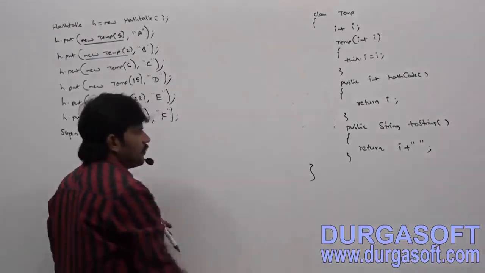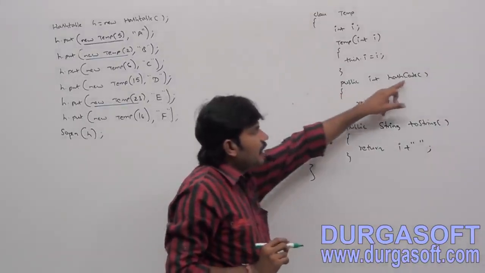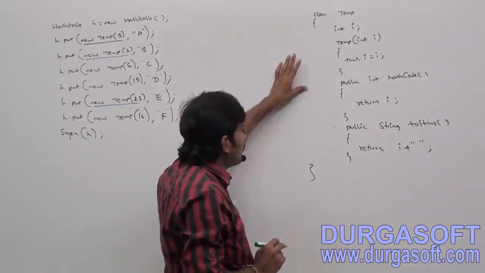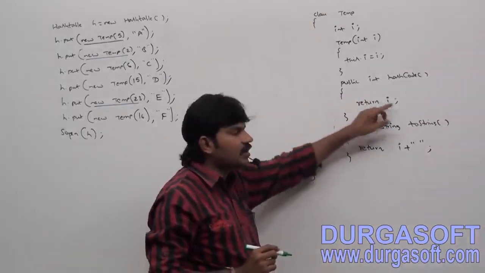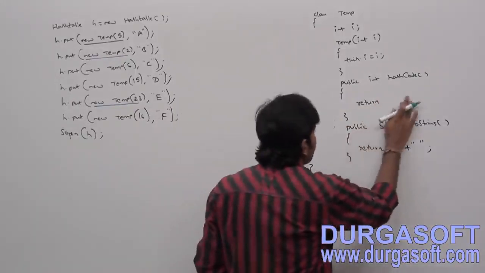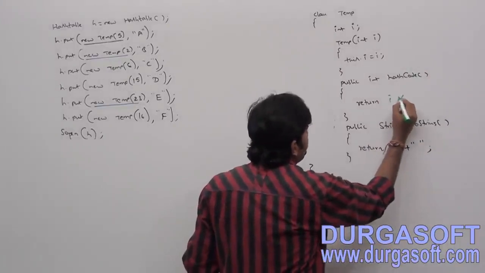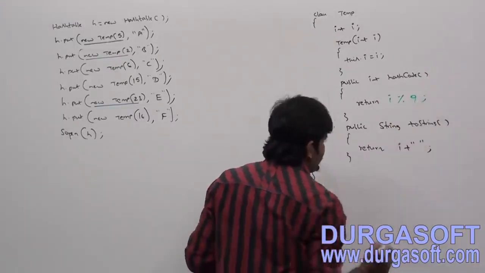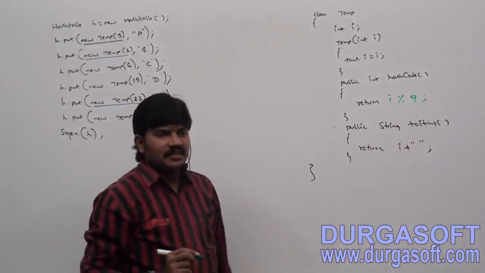Have you observed how the hash code is implemented? I don't want to take the old return; I am taking return i % 9.